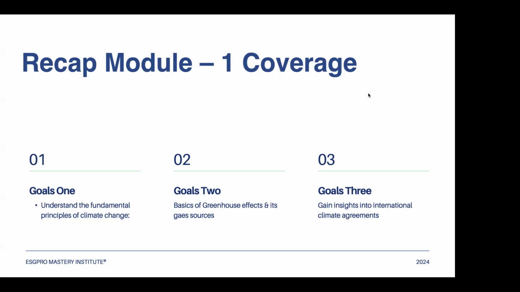The second goal we set for ourselves was understanding the basics of the greenhouse gas effect. We started with our sixth standard subject, where we looked into how heat gets trapped in the atmosphere and why some gases are more important than others in the atmosphere. Then we defined the greenhouse gas effect.